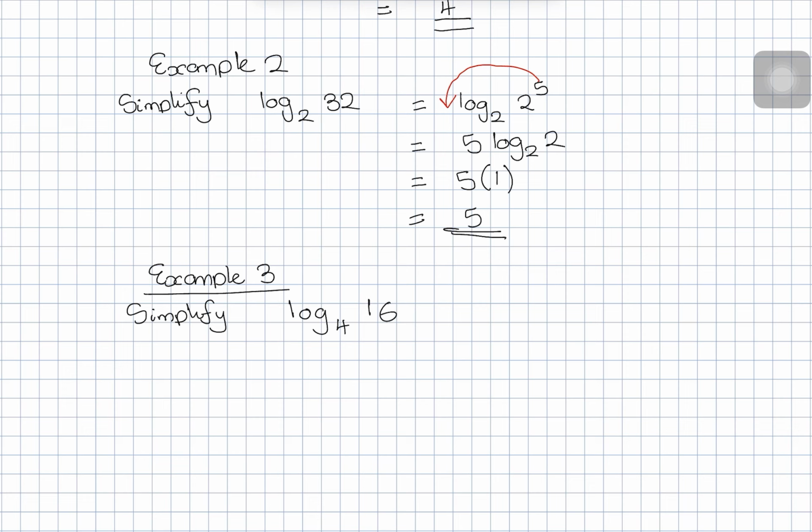Yeah, maybe let's have 16 there. Think about it. Try to solve it in a few seconds or in a minute actually.